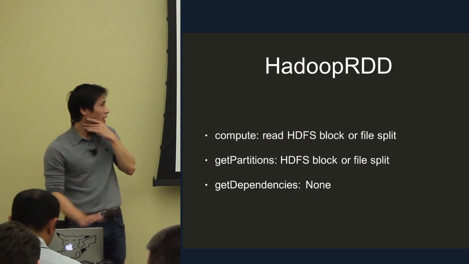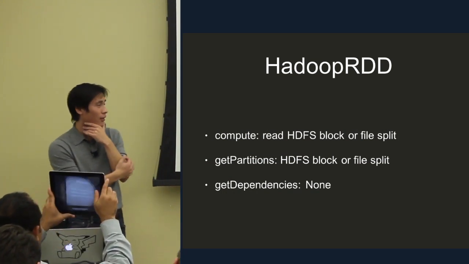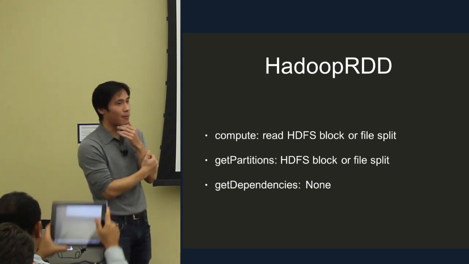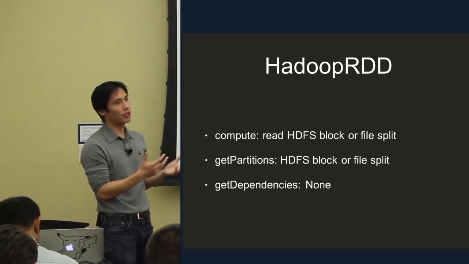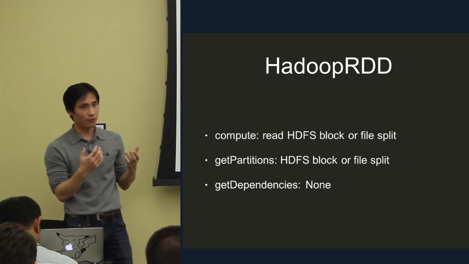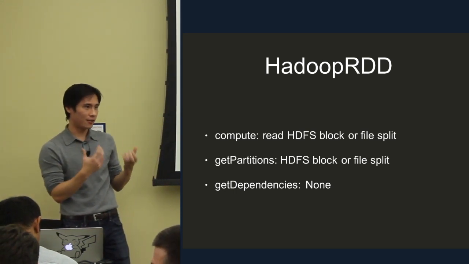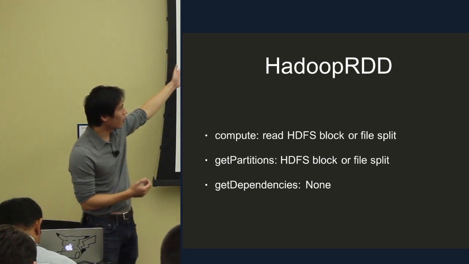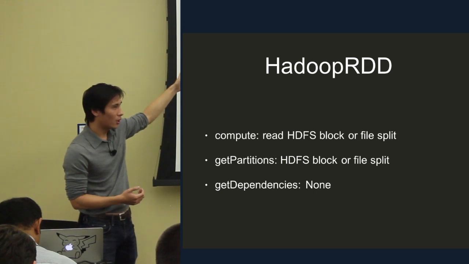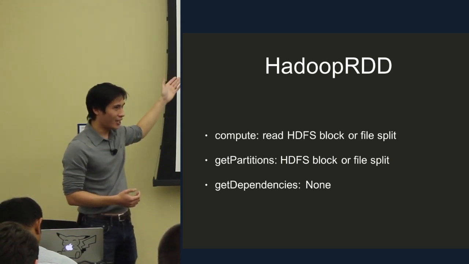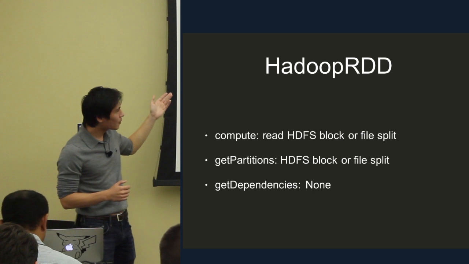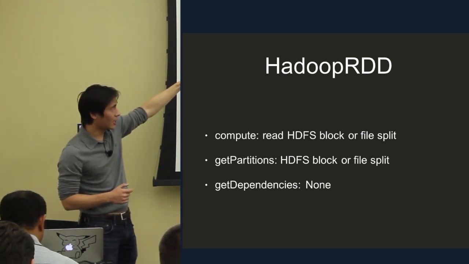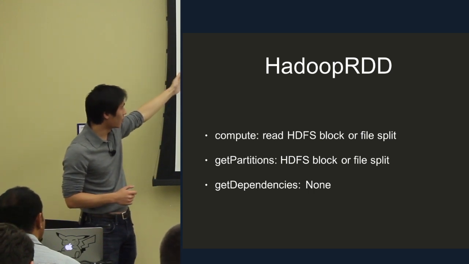Now, when we call .map on the RDD that we received, it returns a MappedRDD. That MappedRDD contains the computation for that map, so it contains the function that you're mapping over and the fact that you're mapping over something. For the compute part, it has to compute the result of the parent RDD. So it calls .compute on its parent, and then it calls .map containing the function over the result of the parent computation.